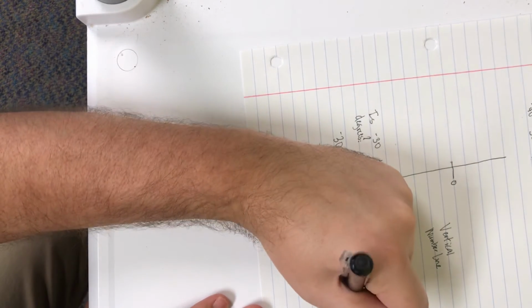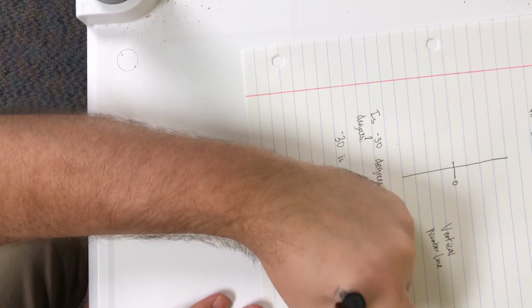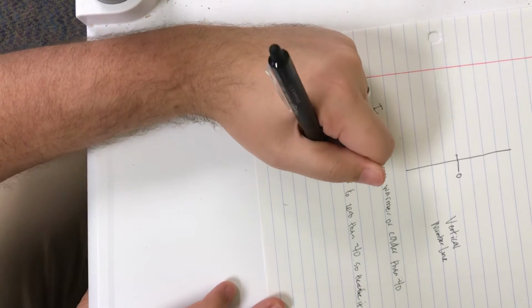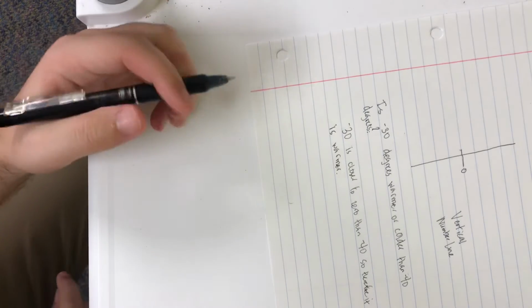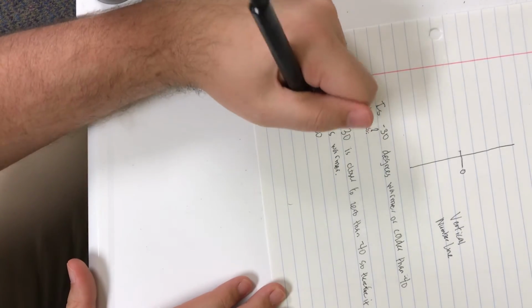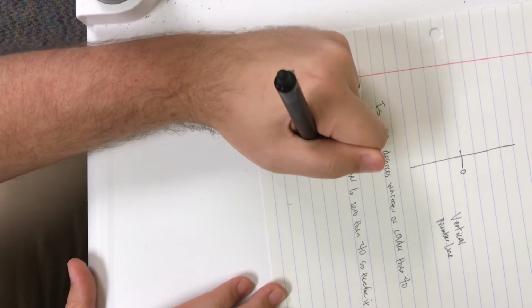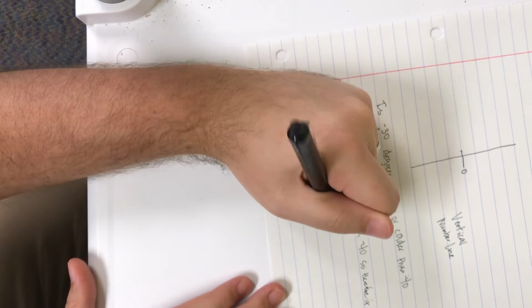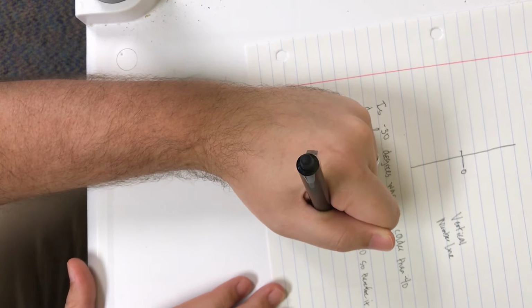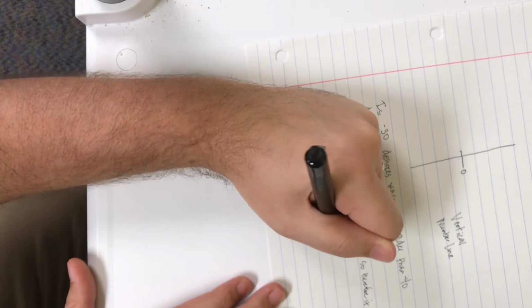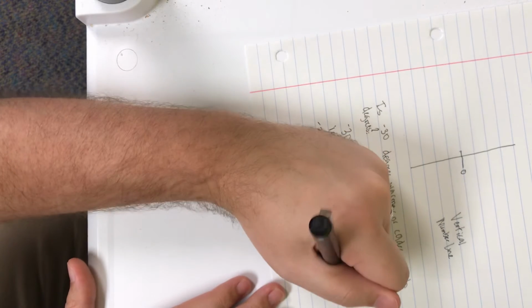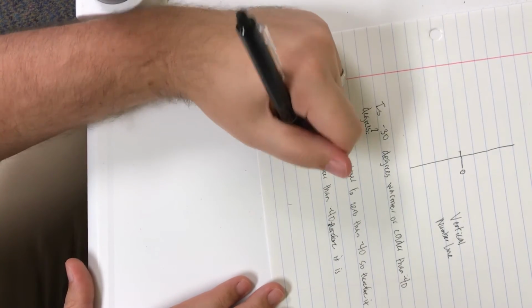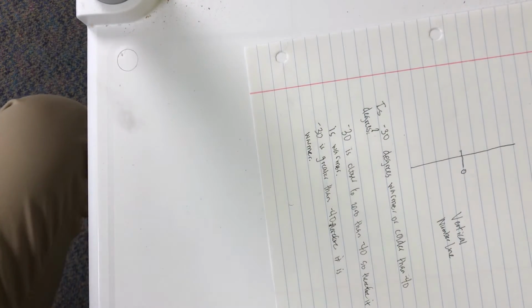So therefore, it is warmer. Or they could say negative 30 is greater than negative 40. Therefore, it is warmer.